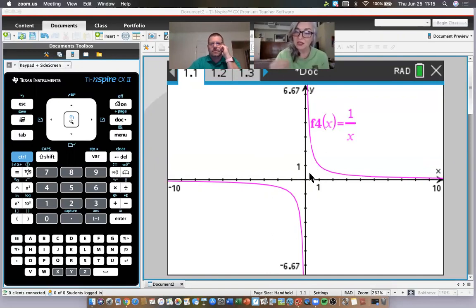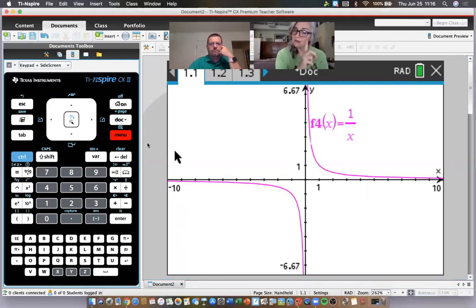But actually, as you go toward 0, if you were to take 1 and divide it by a half, you've got to keep, change, flip. So you would actually be doing 1 times 2, and so it actually gets bigger. 1 divided by a third would be 1 times 3, so that would be 3.